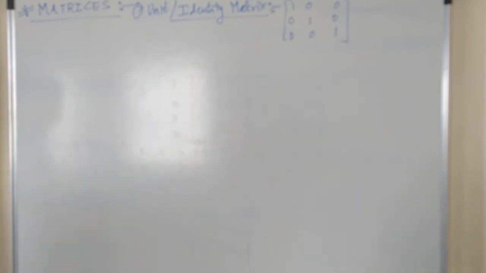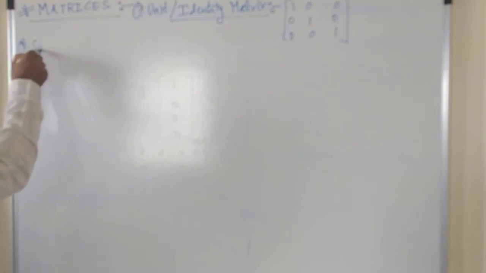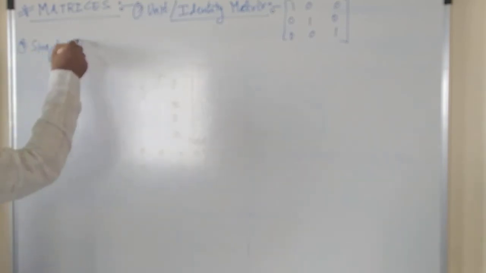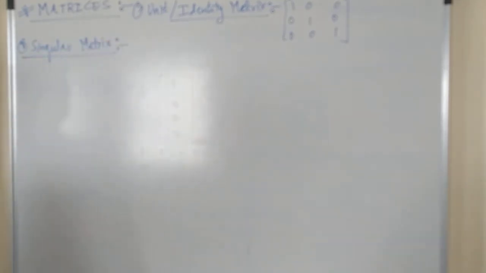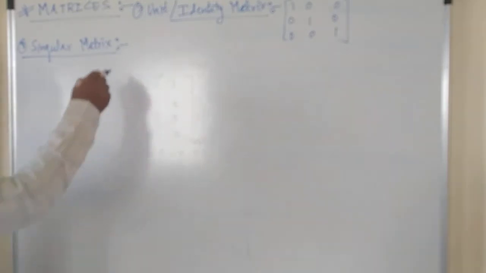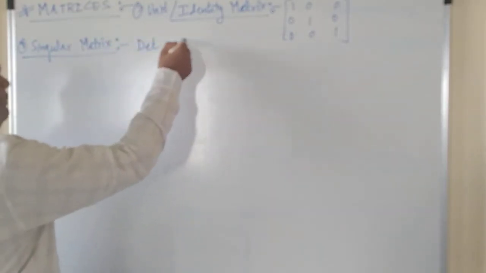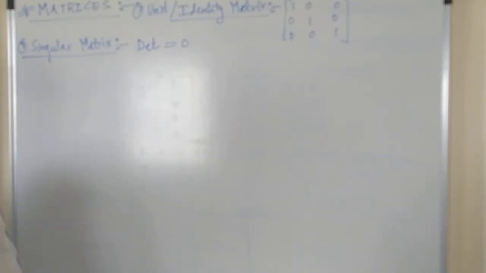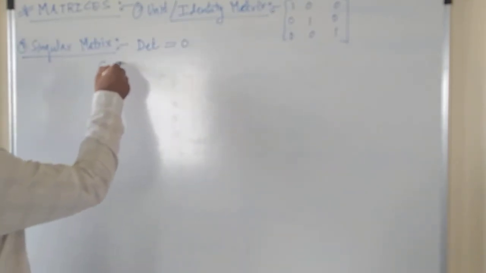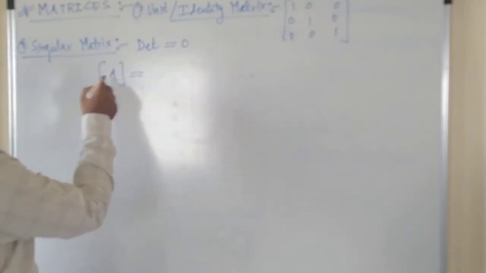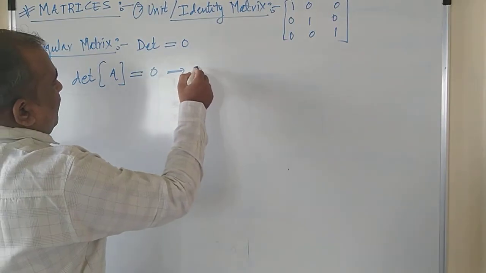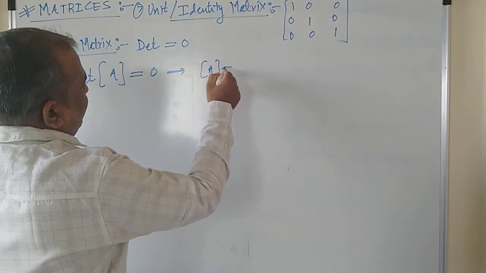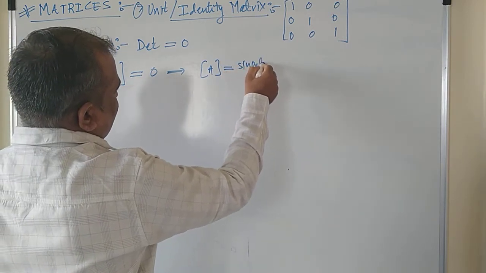Next kind of matrix is the equal matrix and the singular matrix. Eighth is the singular matrix. What do you mean by a singular matrix? A singular matrix is a matrix whose determinant is equal to 0. If A is the matrix and its determinant, the determinant of matrix A, is equal to 0, then matrix A is called a singular matrix, right?